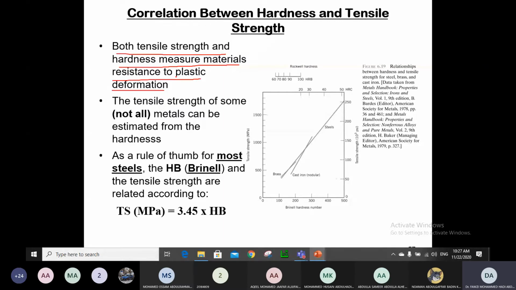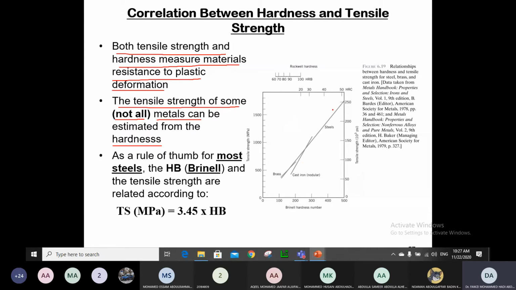So some engineers went and did what? They looked at the tensile strength of some, and not all, metals, which can be estimated from the hardness number. How did they do that? They brought the tensile strength of different materials and plotted them.